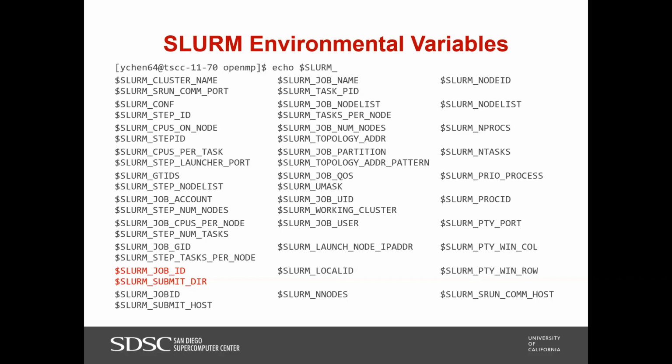For example, to give your SLURM job and output names, and for such job management purposes. The SLURM job ID is an environment variable that will save your job ID when your SLURM job starts. And the SLURM submit directory is an environment variable saving the path where you submit your job.